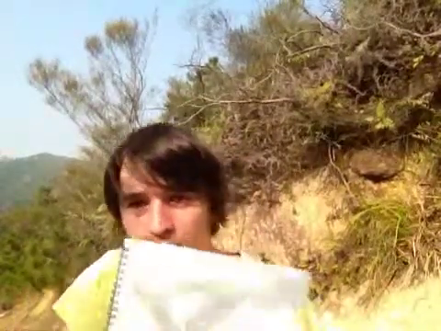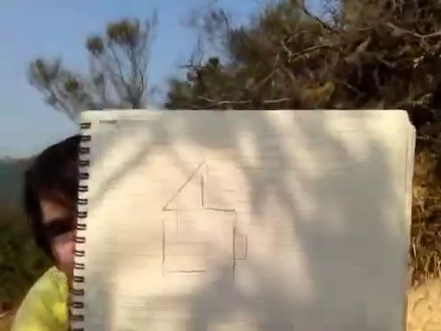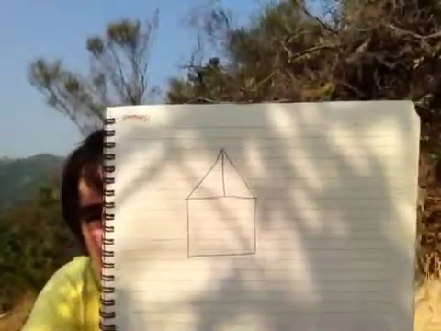Okay then. So puzzle number 2. This is a bit more challenging. So now, instead of drawing that house shape without taking your pen off the paper, the problem is to try and draw this shape here, without taking your pen off the paper.